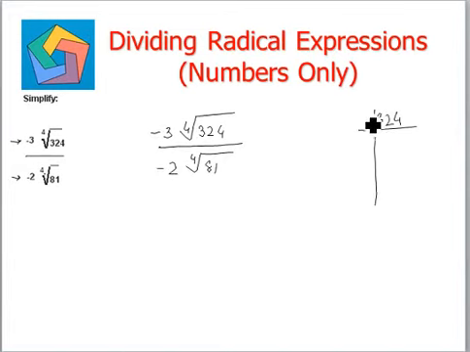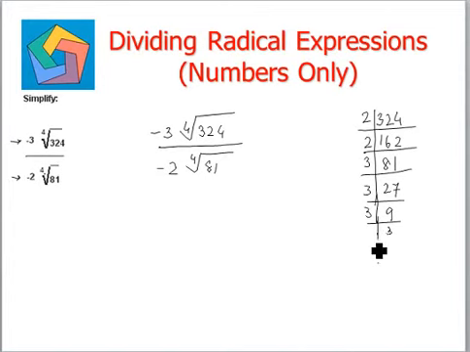Here we have 2. 324 divided by 2 is 162. 162 can still be further divided by 2. We get 81. 81 cannot be divided by 2, so we go with 3. 27. 27 can be divided by 3. 9. 9 divided by 3 is 3.